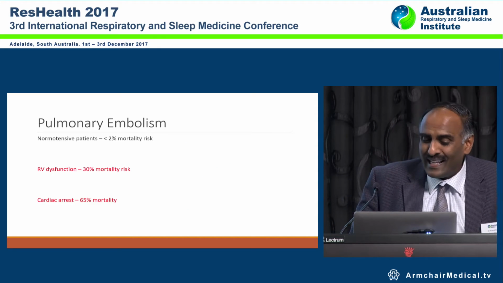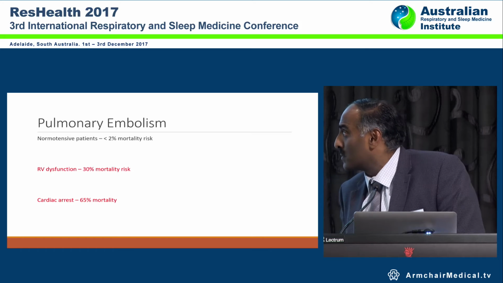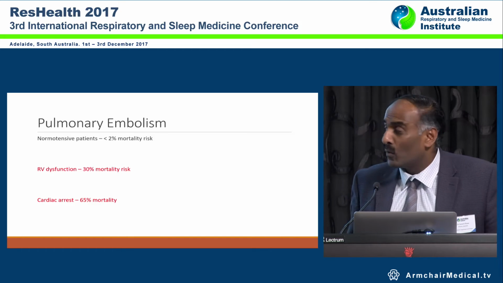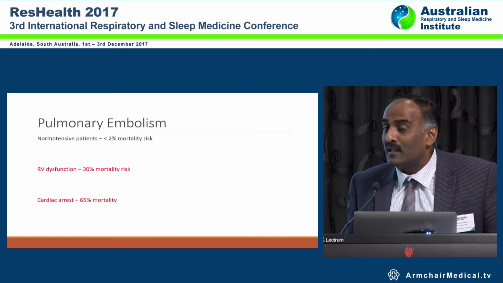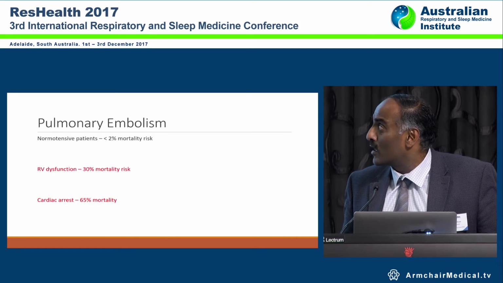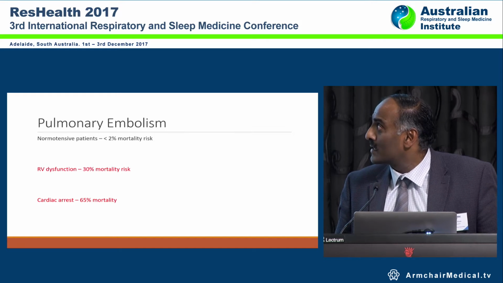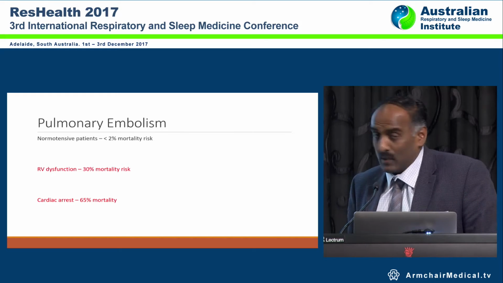So, looking at risk in PE, certainly we don't want to miss this category. We all know that with cardiac arrest or hypotension, you're moving between the 30 and 60% risk of death. The normotensive patients, and not all normotensive patients, you have a subset which has less than 2% mortality risk.